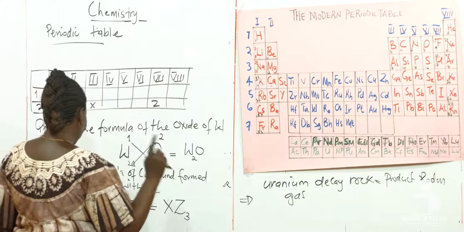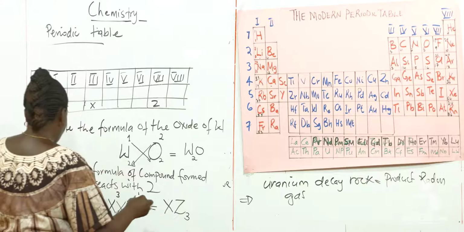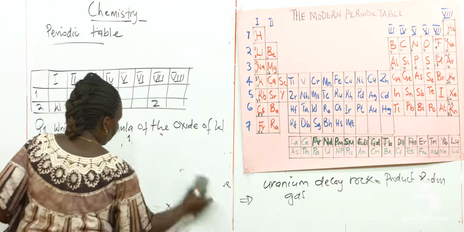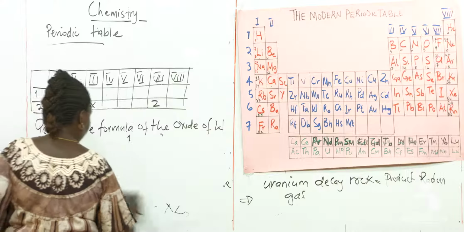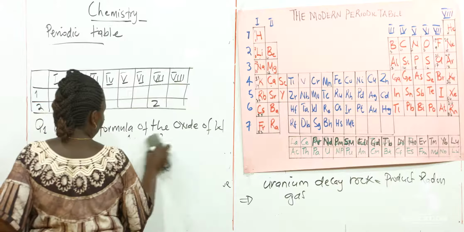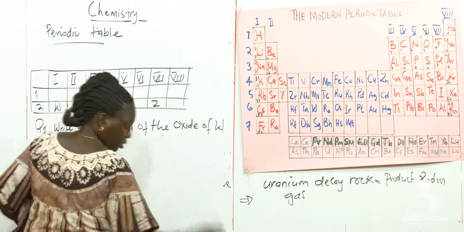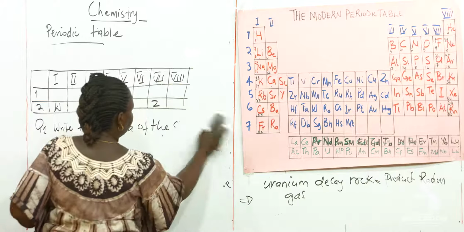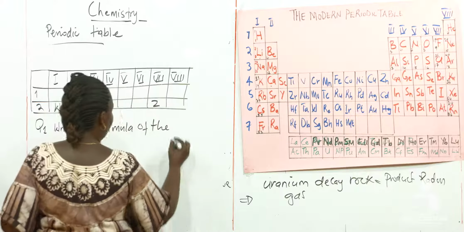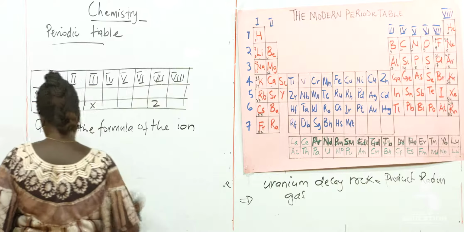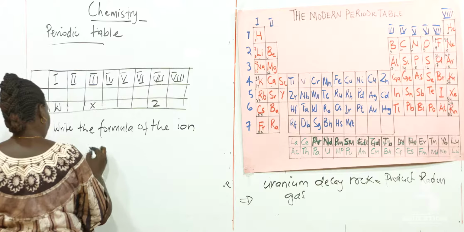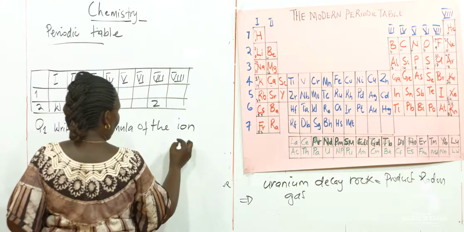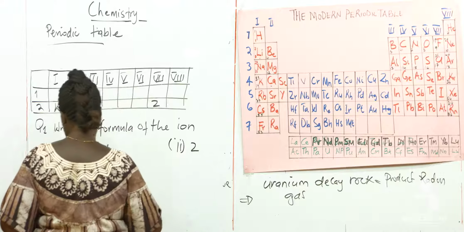So if W reacts with Z, write the formula of the ion that is formed. This is question number 3. Question number 3, you are asked to write the formula of the ion. You write the formula of the ion of W, and then the formula of the ion of Z.